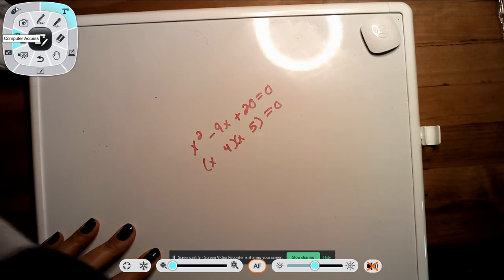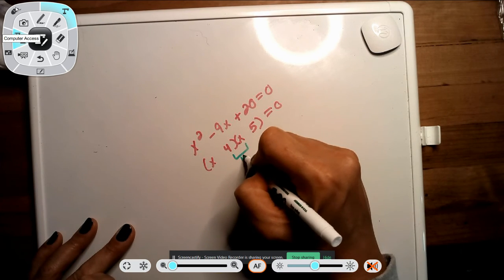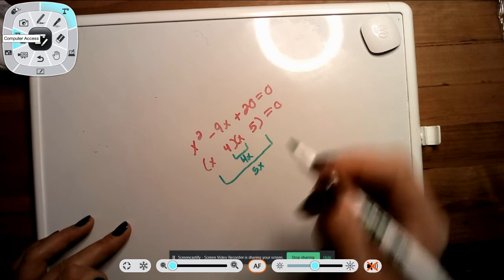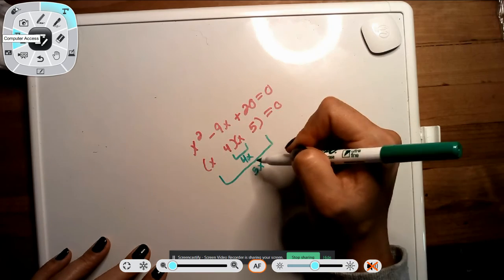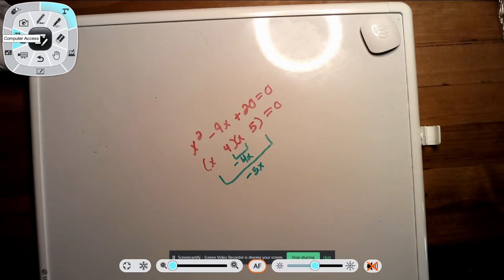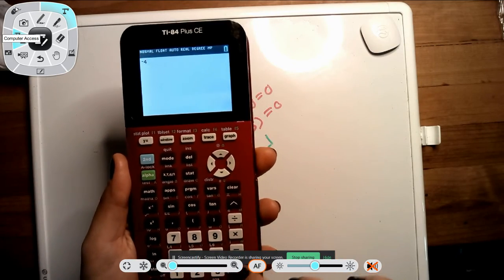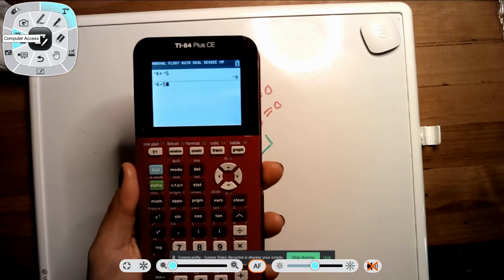Then I'm going to check to see where my signs go. So I have 4x and 5x. The only way to get a negative 9 out of both of these is negative 4 and negative 5. Negative 4 plus negative 5 is negative 9. Or you can type it in as negative 4 minus 5.